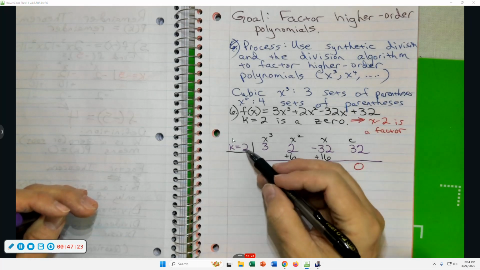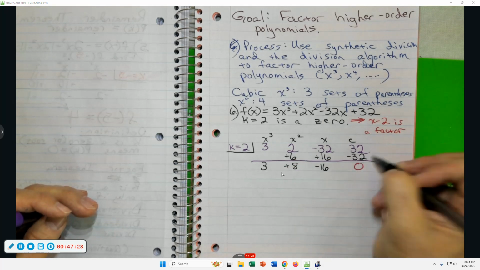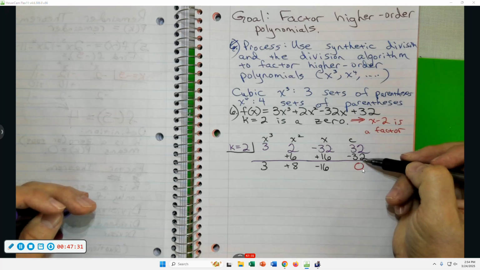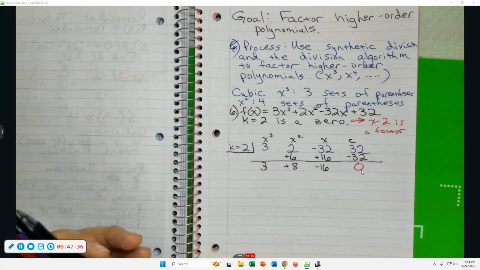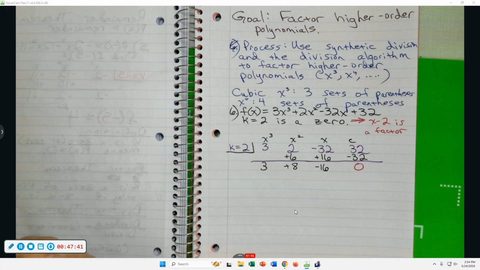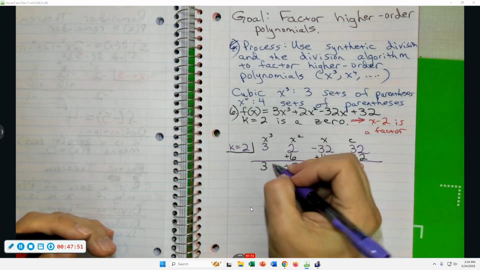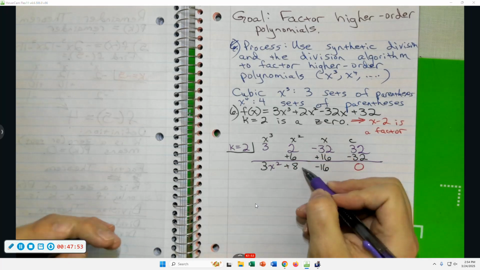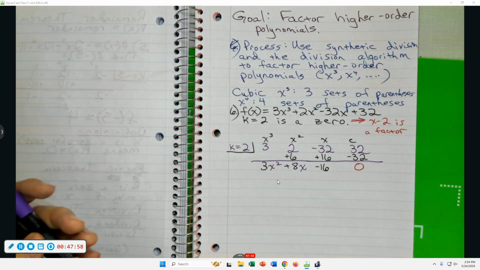Negative 16 times 2 gives me a negative 32, and sure enough, 32 minus 32 gives me a 0. What's the variable part here? x squared, and then x.